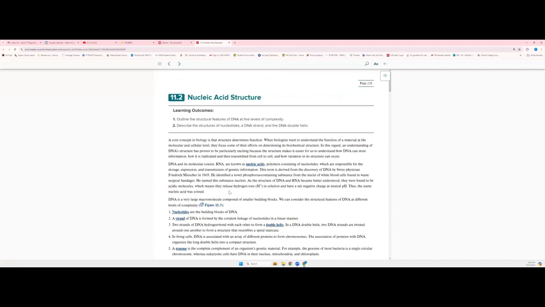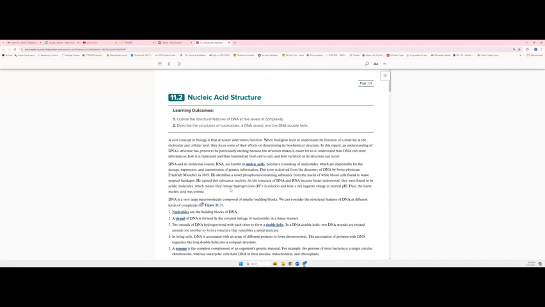I've talked about DNA and RNA structure a little bit before. We know both DNA and RNA are called nucleic acids. They are polymers, like protein. Protein is a polymer that consists of amino acids; amino acid is protein's building block.